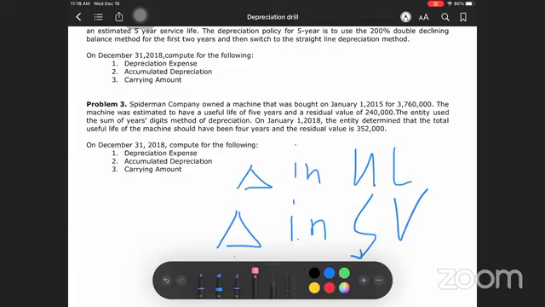So, the answer of Ira. Number 1, 592,000. Number 2, 3,056,000. Number 3, 352.